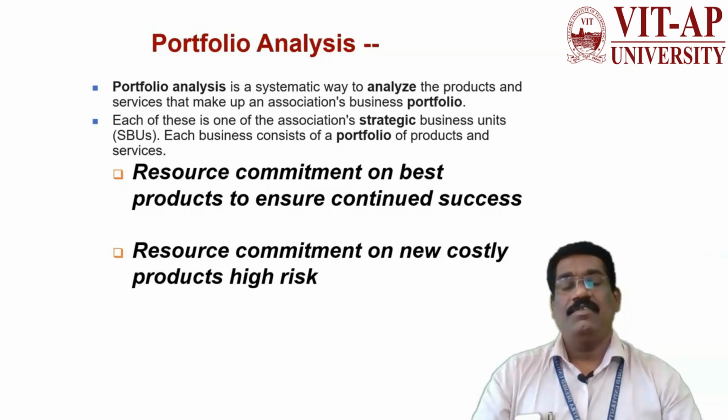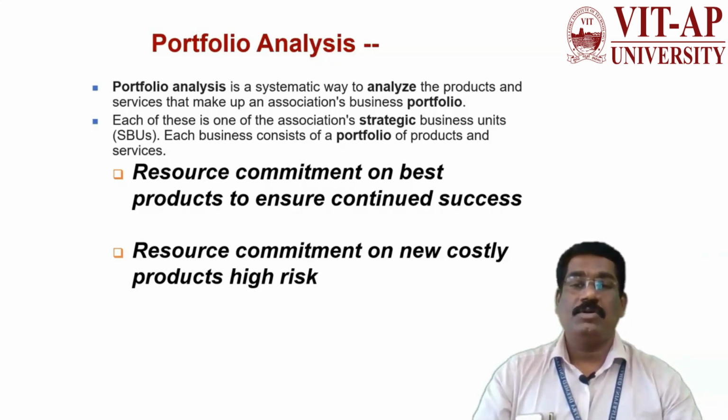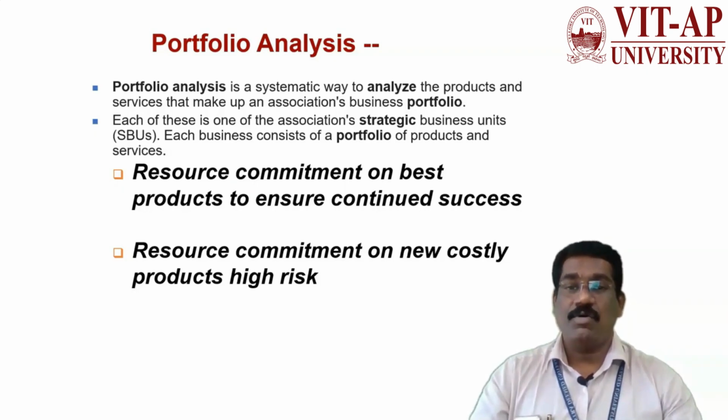In portfolio analysis, basically the resource commitment is on the best products to ensure continued success. For example, if a company like Coca-Cola wants to analyze its product portfolio, it has many product categories. We can talk about Coca-Cola carbonated drinks, Sprite, Slice, and other carbonated drinks such as Diet Coke.